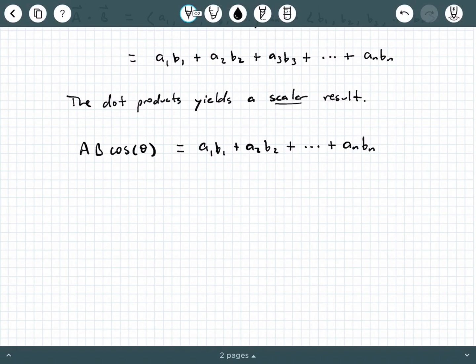Well, we can actually calculate the angle in between these two vectors if that's what we're interested in.